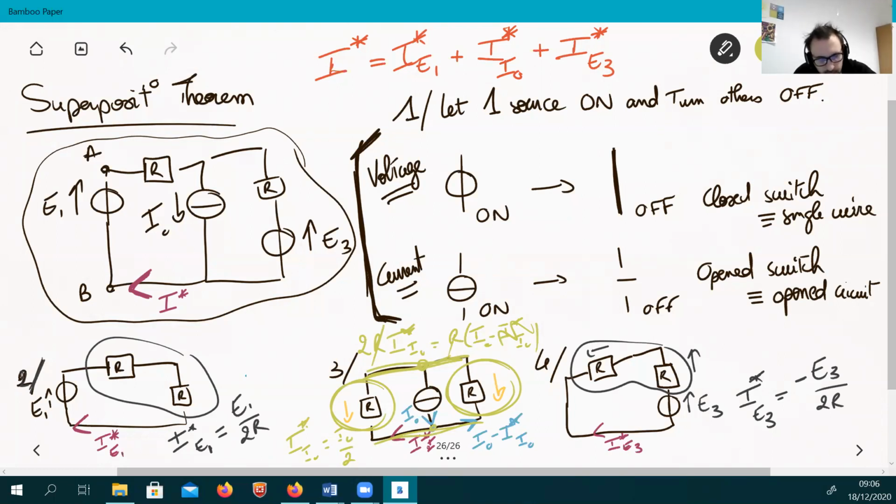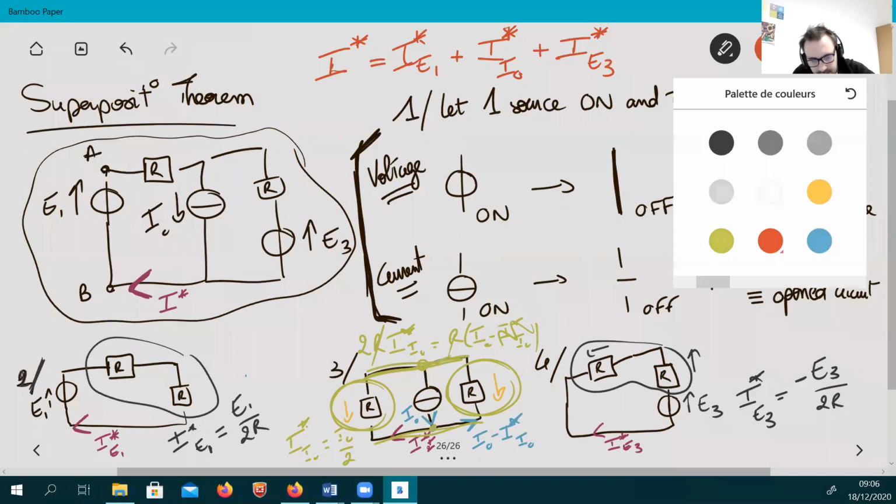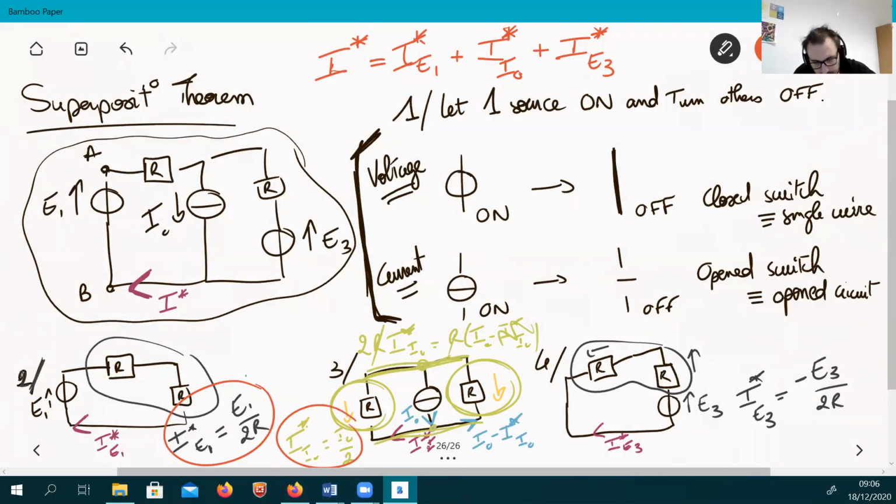So I star equals the sum of this guy plus this guy plus this guy. This is how the superposition theorem could be used. Instead of starting from the beginning with the original circuit, which looks complex, if you start applying the mesh law, etc., it might be difficult for you because you may have a system of equations, and so on.